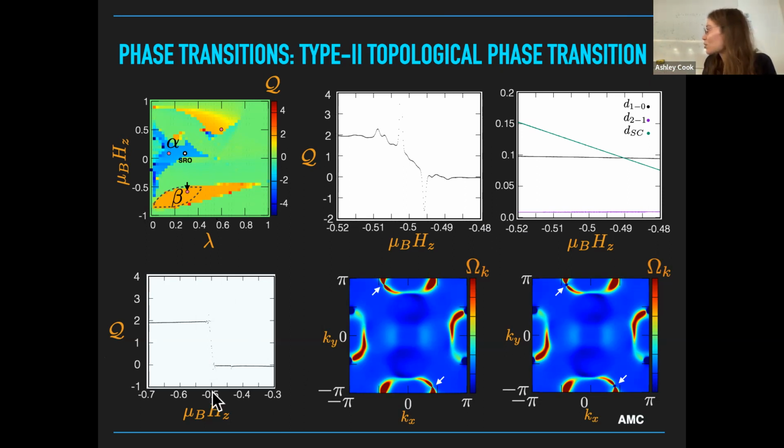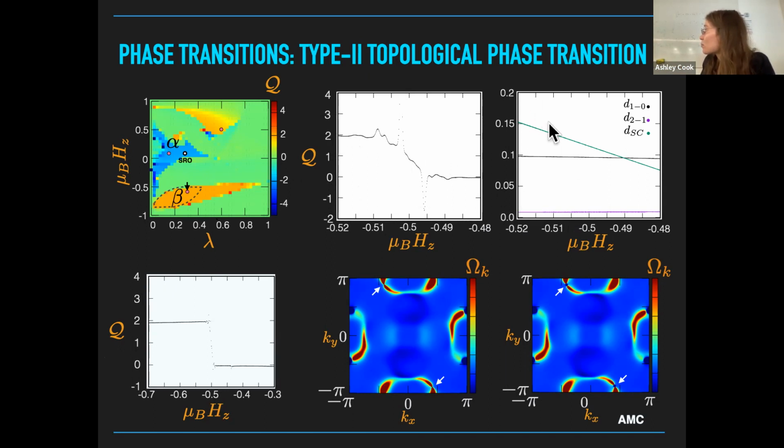If you zoom in on that transition, you see some wild fluctuations as a result of the numerical, like the slow convergence basically of the Skermion number calculation. But you do see very nice quantization on either side.